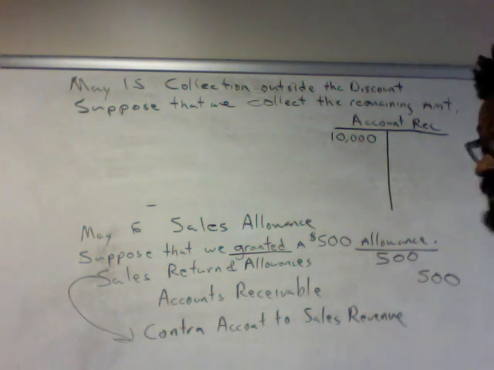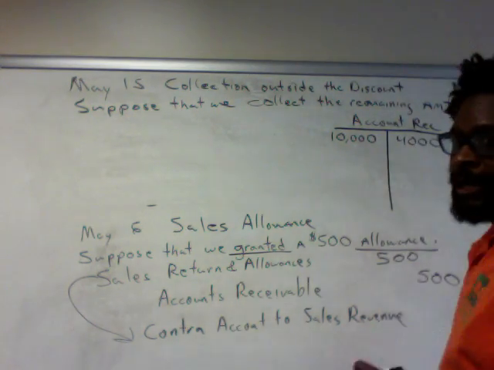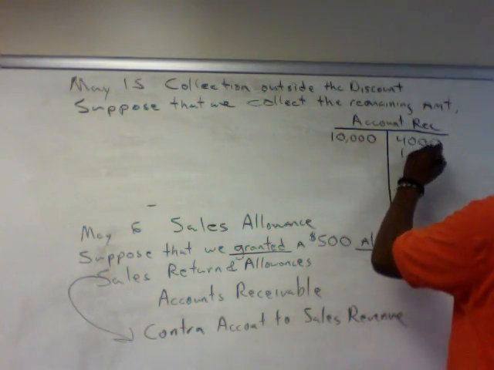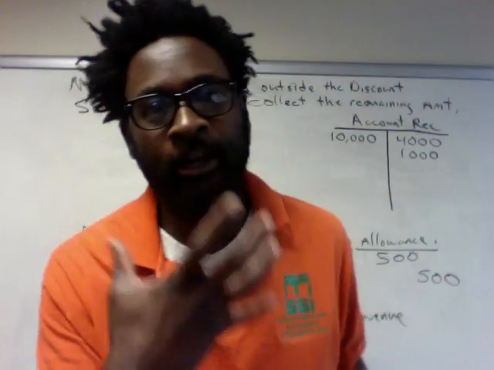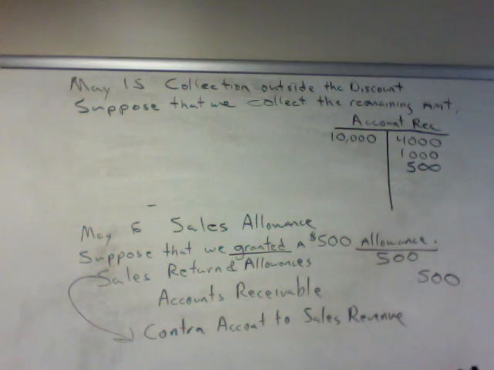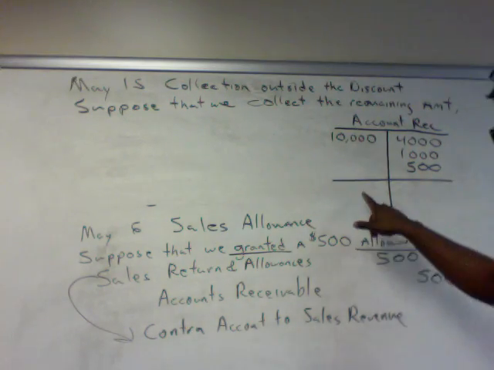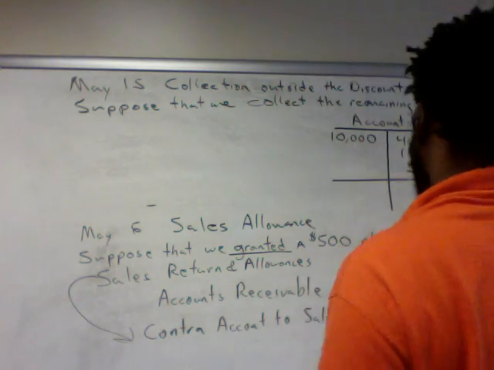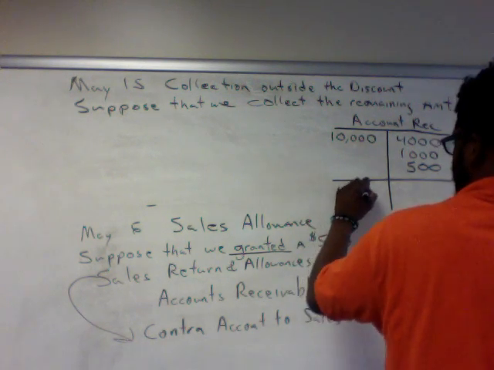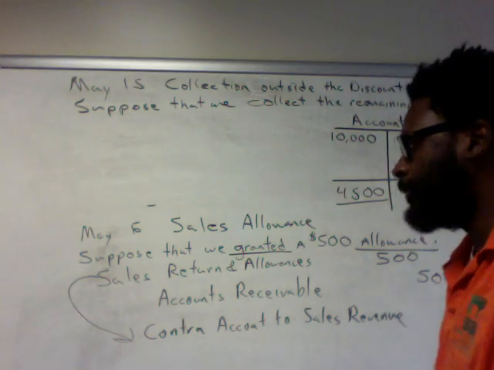We had a collection of $4,000. Then we had a return of $1,000. Then we had an allowance of $500. And I think that's pretty much it, right? And so obviously we can note that our remaining balance that's owed to us is $4,500. Yep, $4,500.